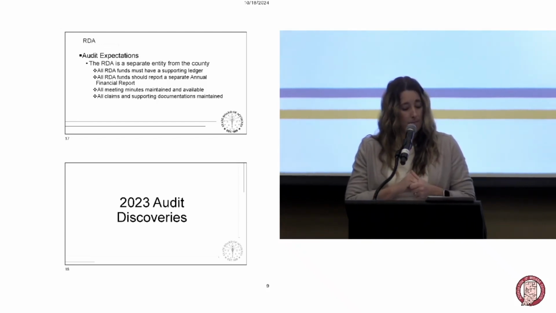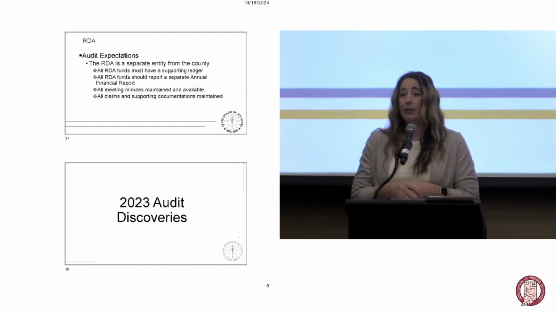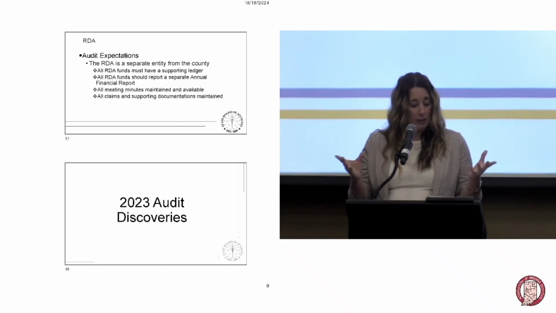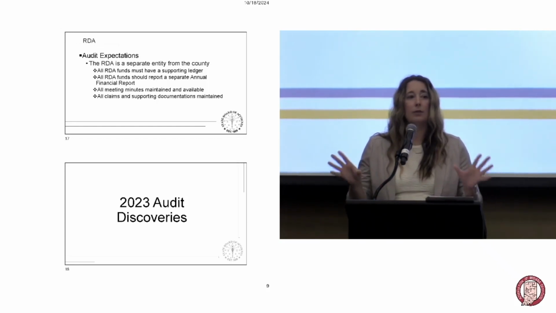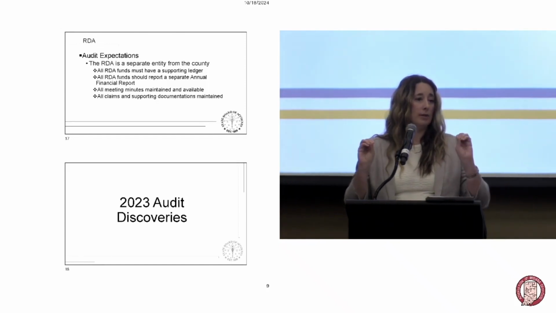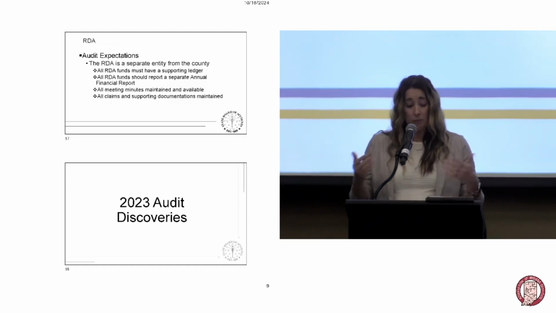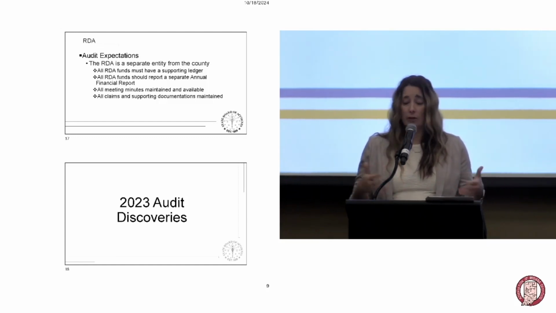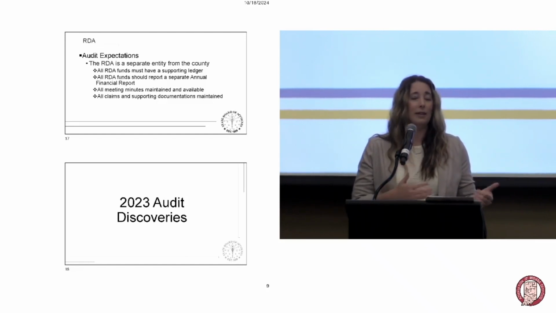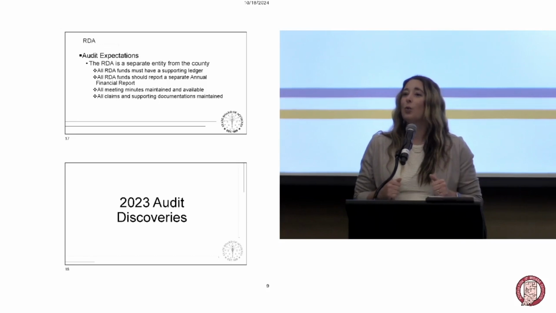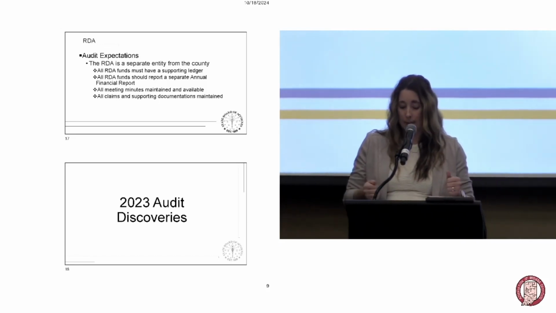But the other one that we found was the RDAs that are maintained on the records of the county, including all their financials and bank accounts. This is when the auditor was appointed the fiscal officer of the RDA. And so you include those onto your ledger, which makes sense, right? It has to be maintained separately in a separate fund. You already have a ledger. So we're going to create a fund or two or three, however many funds you need for that.